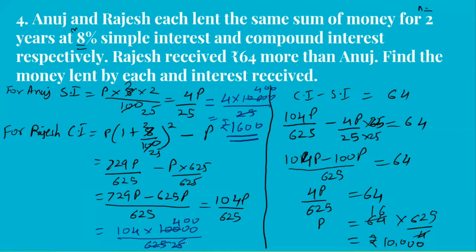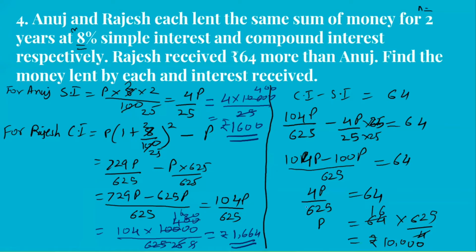We have 5 5s are 25, 5 8s are 40, and 5 16s are 80. Multiply 104 by 16 and you get rupees 1,664. So 1,664 is the interest received by Rajesh.